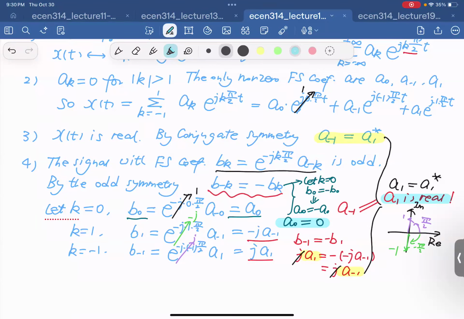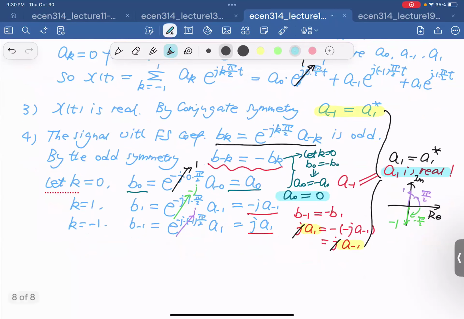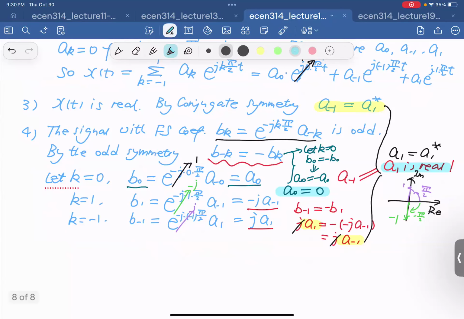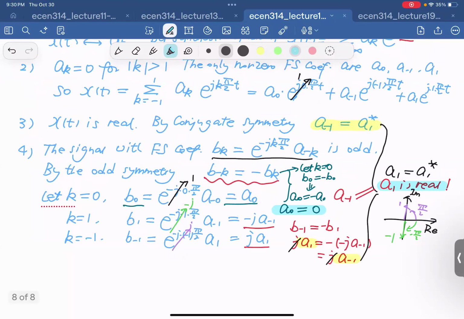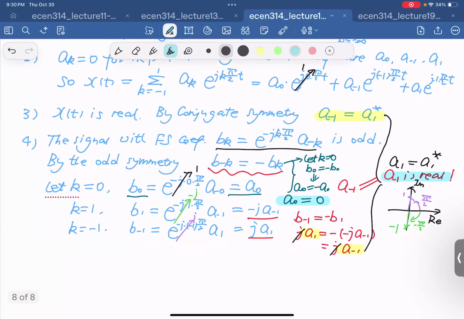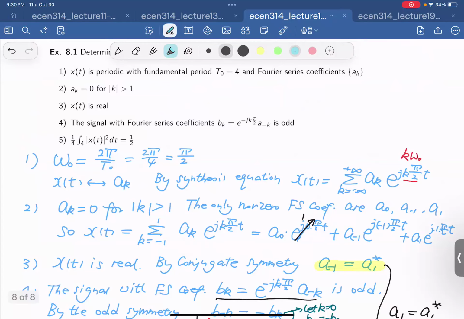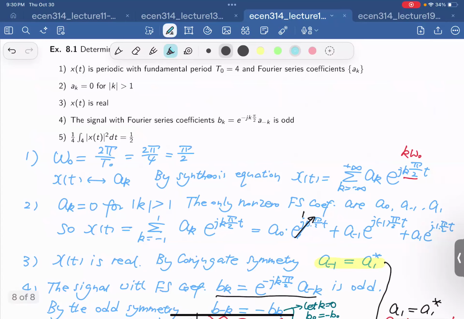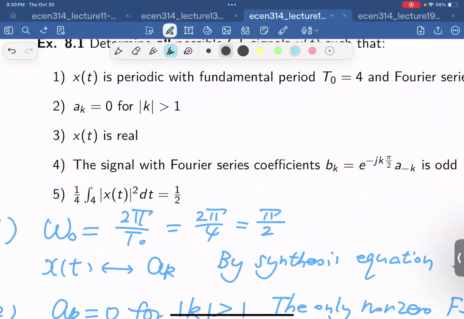Well, we only have one unknown now, because A0 is found, and A1 and A sub minus 1 are equal to each other. Well, there's got to be one more clue, one more clue that tells me what A1 or A sub minus 1 is. What is that clue? Well, a really interesting clue. The integral of 1/4 over an interval whose length is 4 equals 1/2.